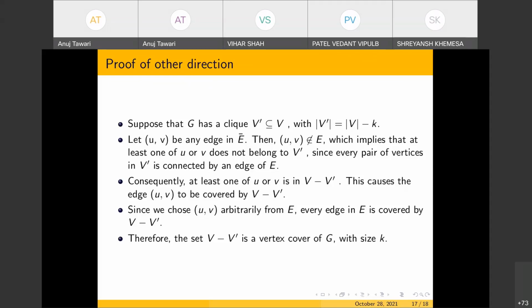Yeah, we chose it arbitrarily from the complement of the set of edges. This contradicts point 4 of the proof. Oh, sorry. So this should be E prime. Yeah, that is a typo. Thanks.